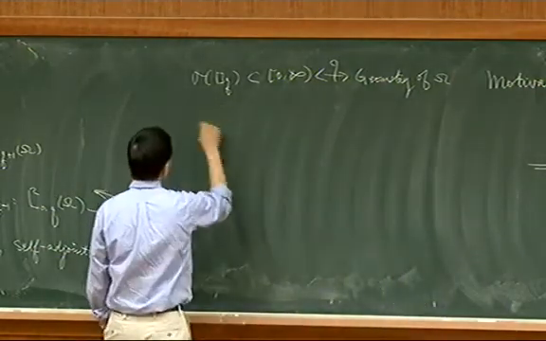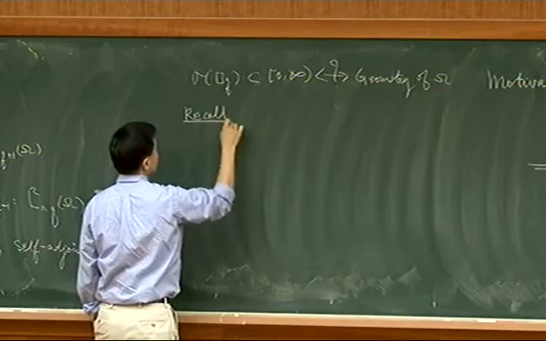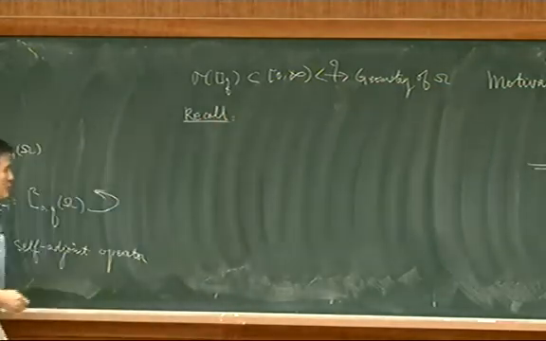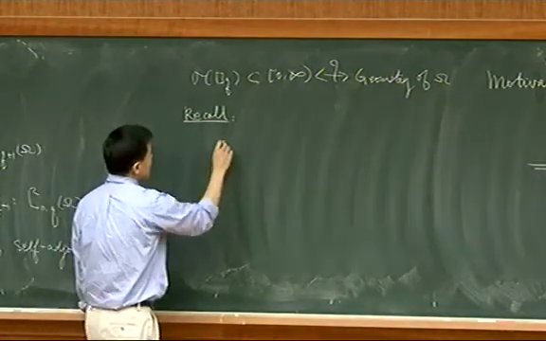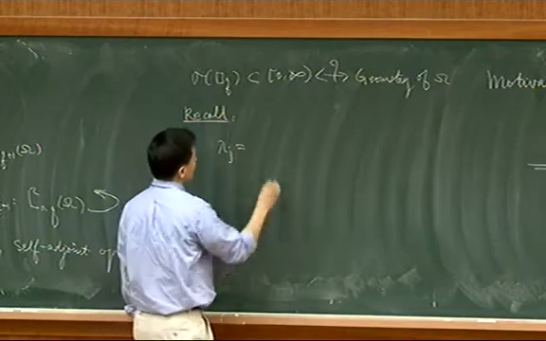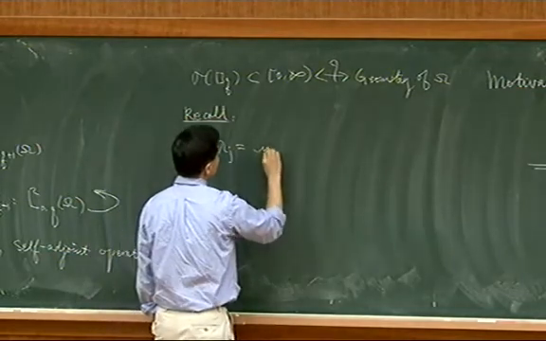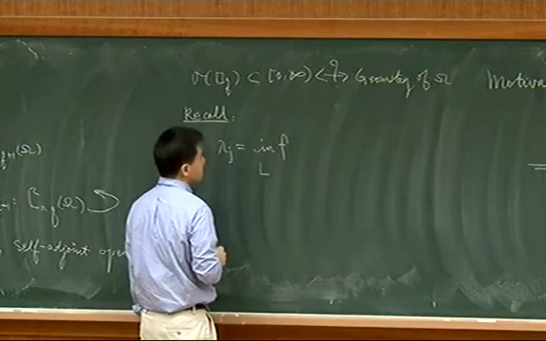Now let's recall some spectral theoretic setup. Suppose I let lambda j equal to the inf of all subspaces.